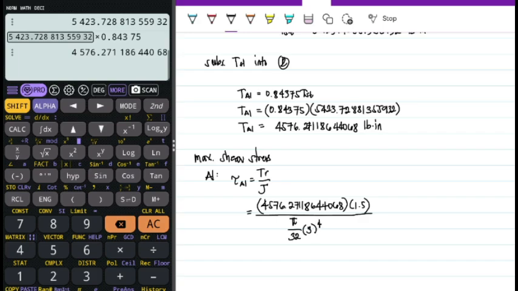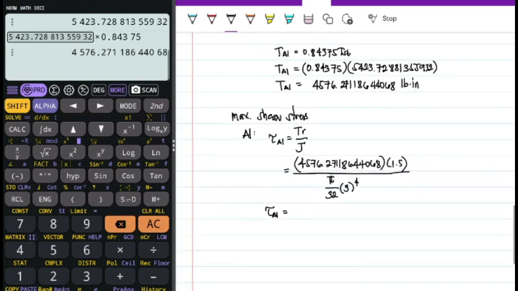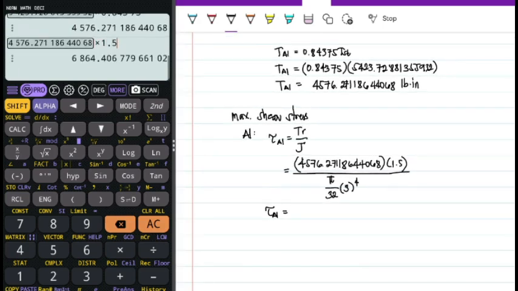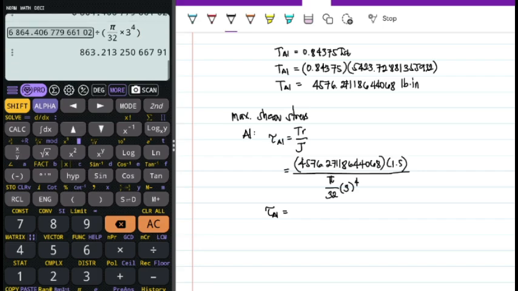So the shear stress in our aluminum is 863.21325066791, and that is in psi. Okay, don't forget to box your final answer.